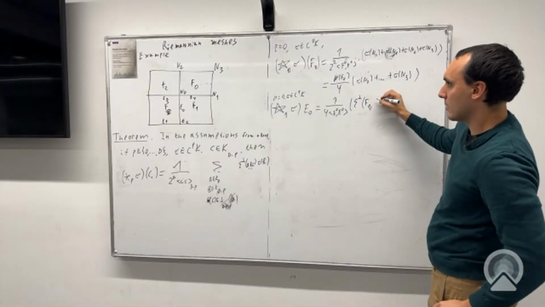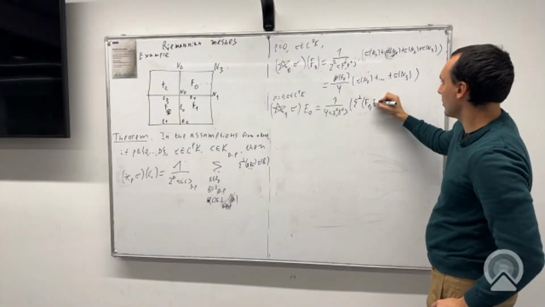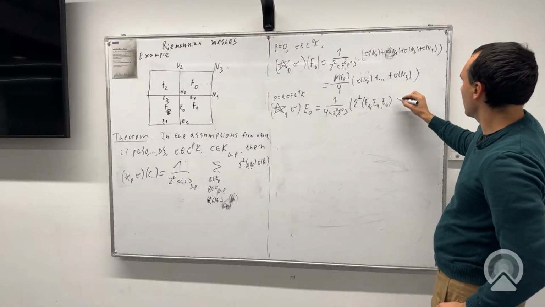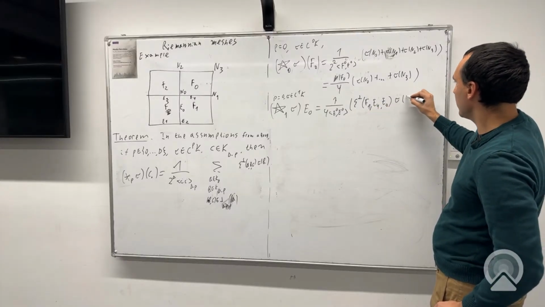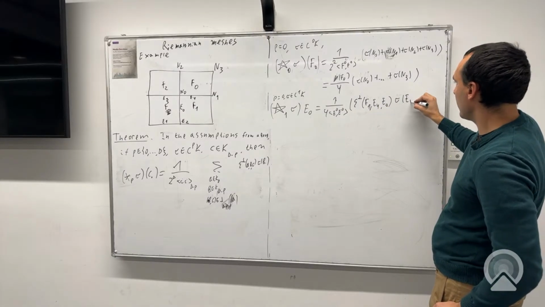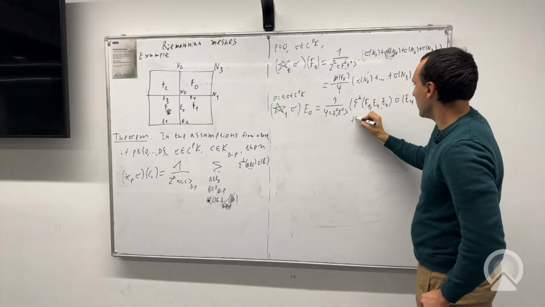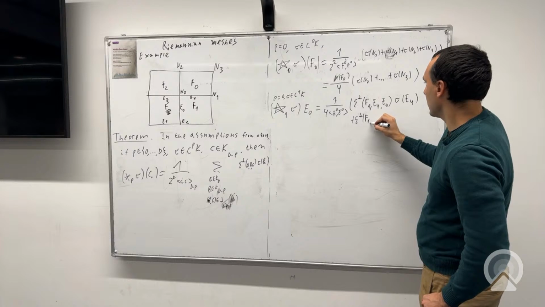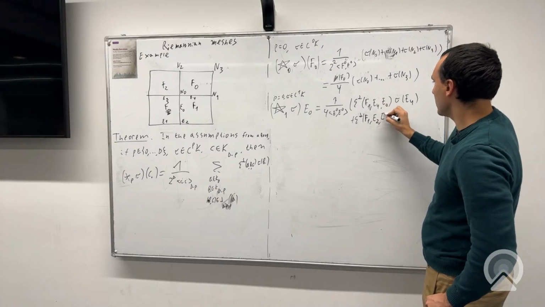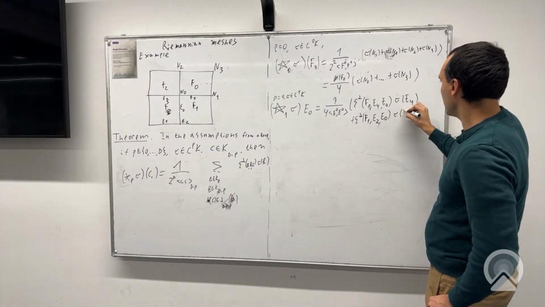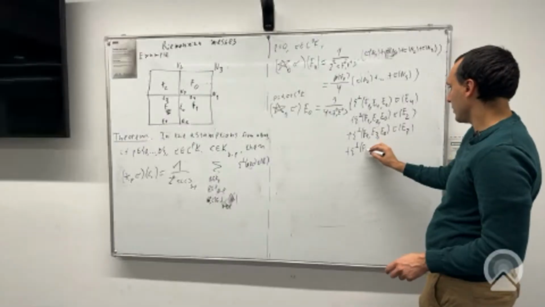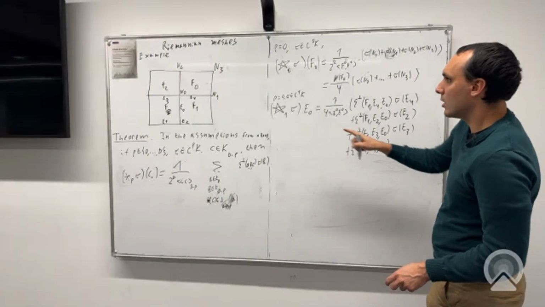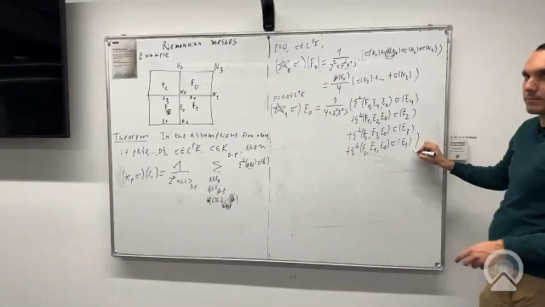So F1, E4, 0 times sigma of E4 plus epsilon E perpendicular F1, E2 is 0, sigma of... sorry, this is F3, not F1, F3.